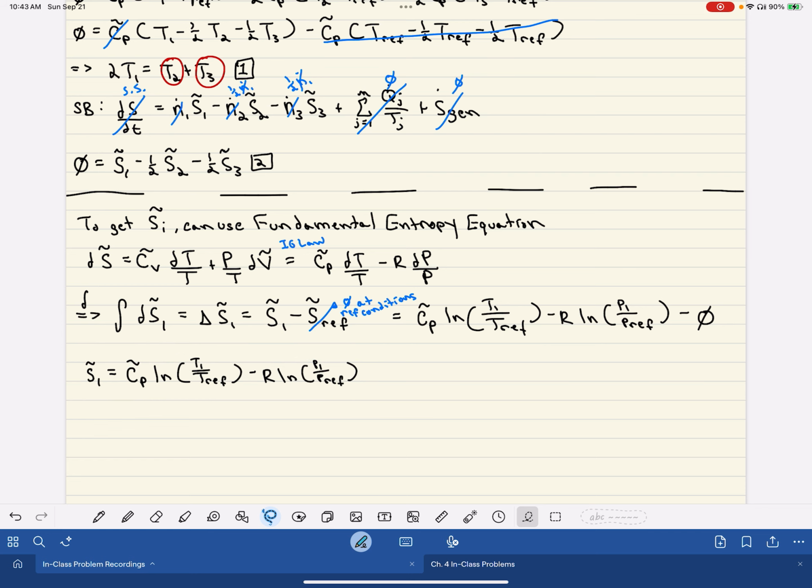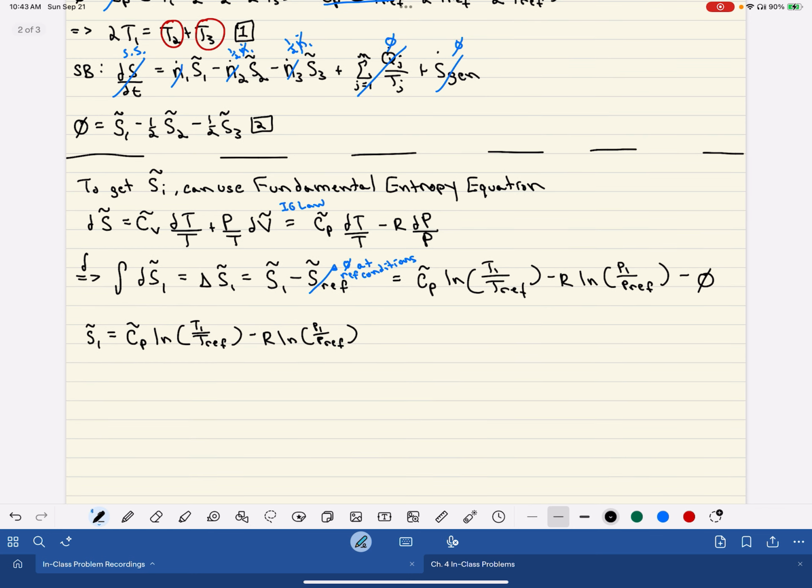Put it here. S2. S3. Same sort of functional form.